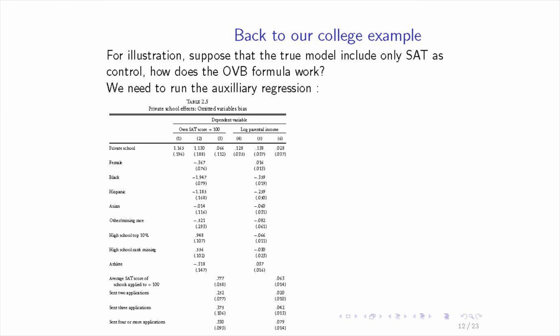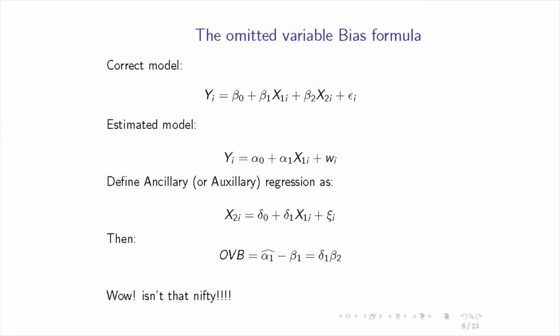In column 3 here, we're controlling for the application dummy in the regression, and you can see that, controlling for all the application dummies, the SAT score is not significantly related to the private school dummy.